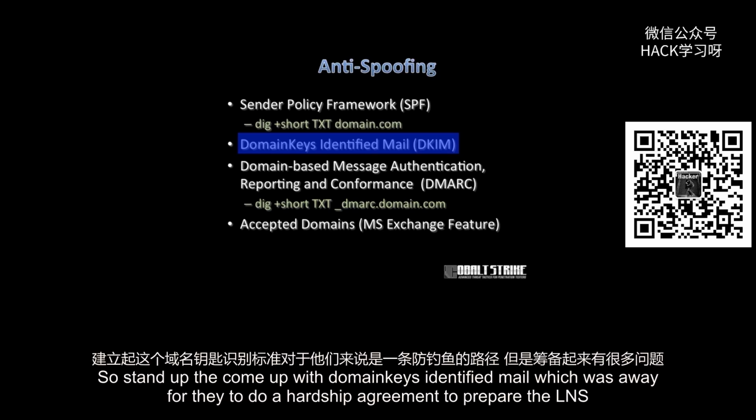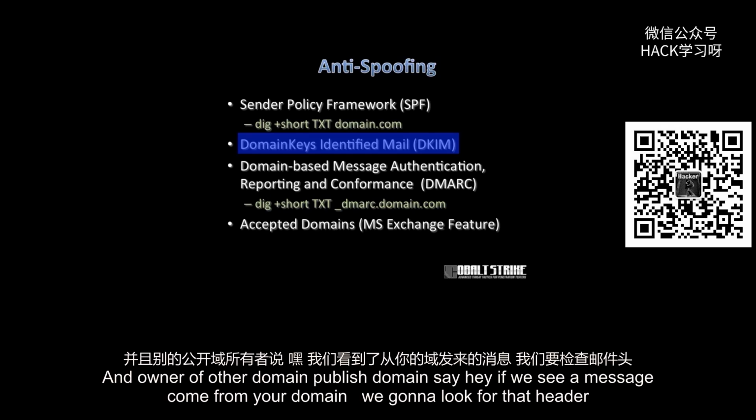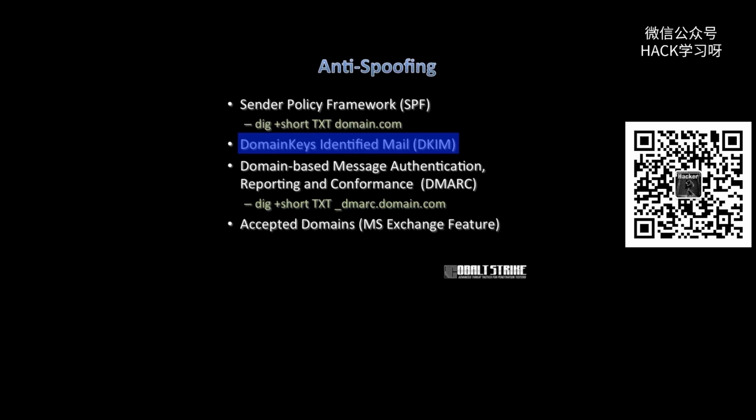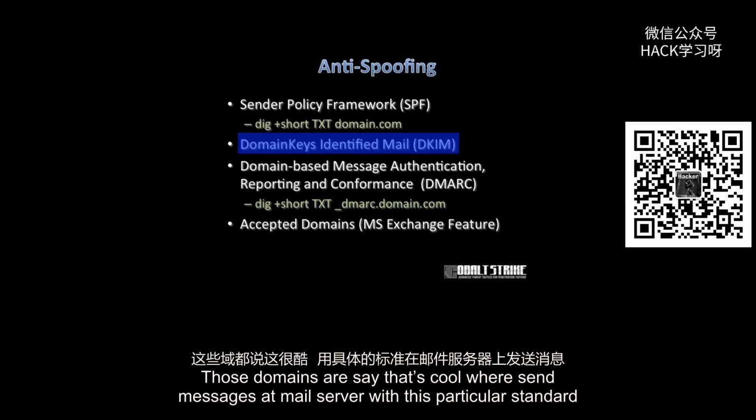So the standard they came up with was Domain Keys Identified Mail, which was a way for them to do a handshake agreement with PayPal, the IRS, and owners of these other heavily phished domains and say, hey, if we see a message come from your domain, we're going to look for that header. And if it's not there, we're going to assume it's spam. And those domain owners said, that's cool.